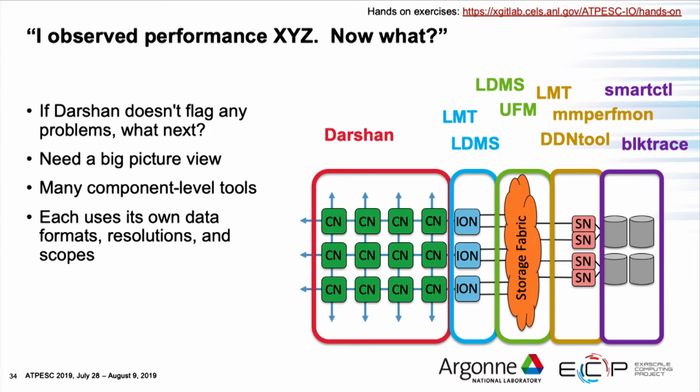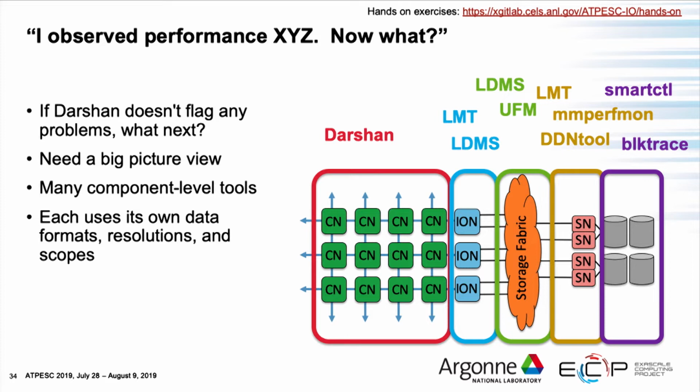And these are just some acronyms and some scary-looking tool names that make sense to anyone in here who's an I/O expert, but look like gobbledygook to anyone who's actually doing science. So it's frustrating for a user, because you have to be really an I/O expert to make any sense of the output of these tools. And every time you move your application to a new center, you've got to figure out what tools they're using, what they've got.